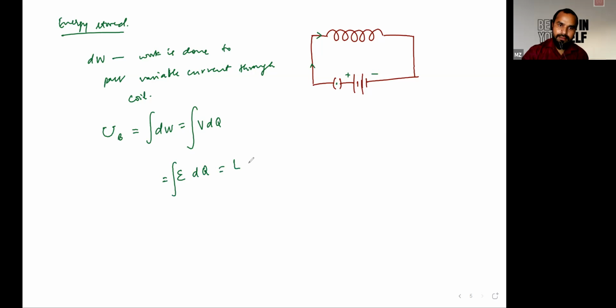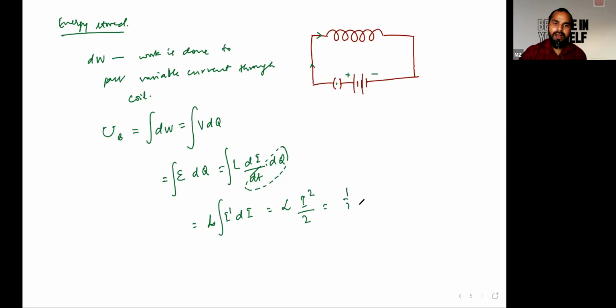EMF is nothing but L di over dt into dq. dq over dt is nothing but current, so we can write it as L into current into di. L being constant is taken outside, so we just integrate I with respect to di. It has exponent 1, so on integrating, it becomes I squared upon 2. So it will be half L I squared. Is it clear now?